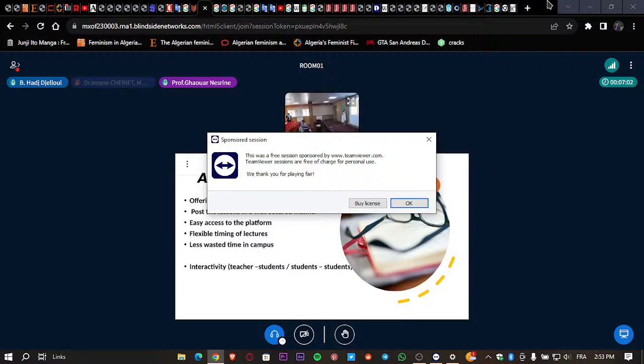Yes, now the flexible timing, especially when it comes to the students or the learners in general. They said that they spent much time at home with their families. They do not lose time or money.